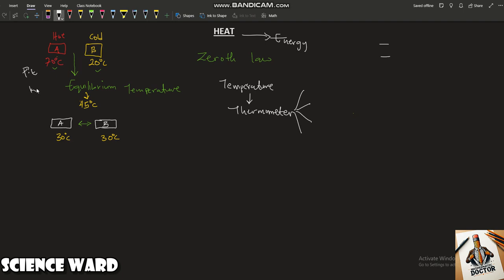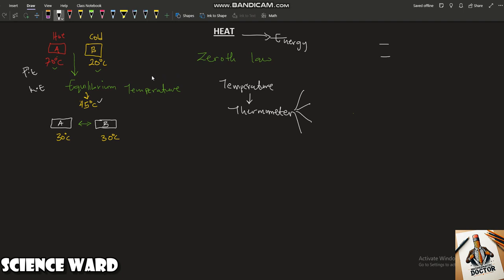It gains some kinetic energy. That is the flow from the red hot to B, which is definitely cold, to obtain an equilibrium temperature of 45 degrees Celsius, and then they stop flowing. So in this case, it's a form of energy, right?